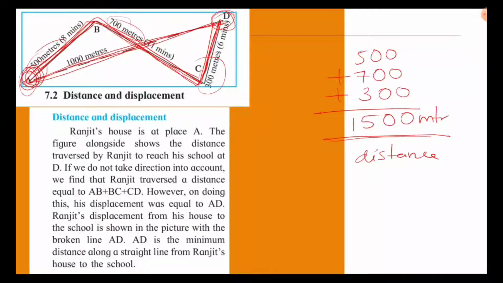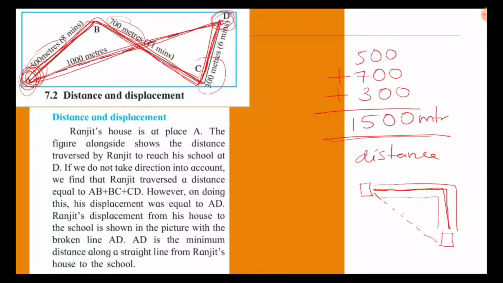Suppose your building is here and your school is here, but your road is like this. Okay, your road is like this, but you don't travel directly from here to here, you travel along the road.